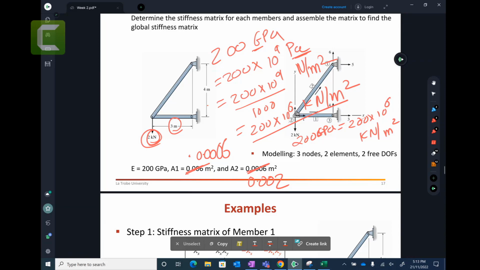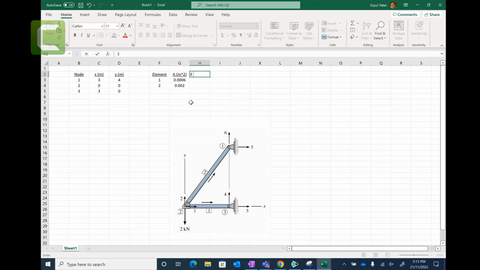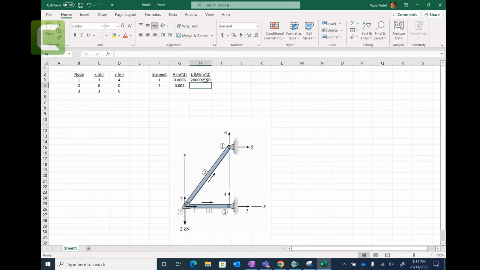So I can put Young modulus in kilonewton per meter square equal to 200 times 10 to the power 6, and I just scroll it down.